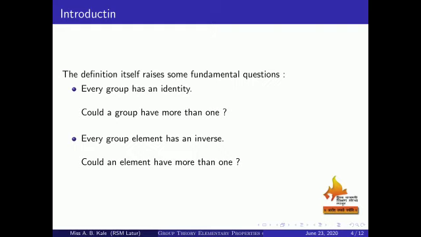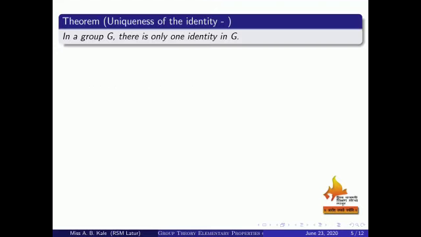For this, we are going to see the theorem, uniqueness of identity. It says that in a group G, there is only one identity.